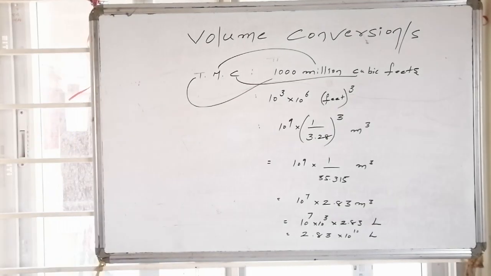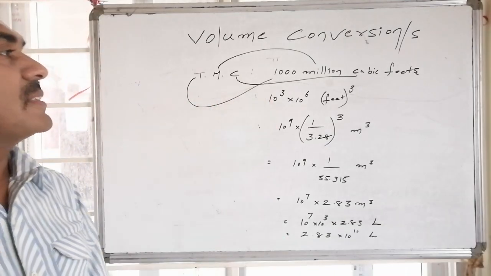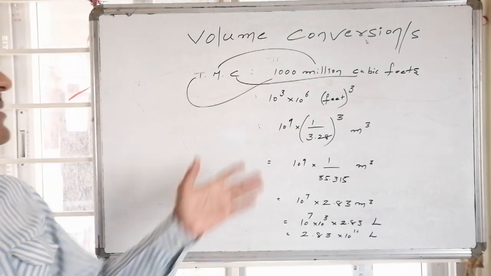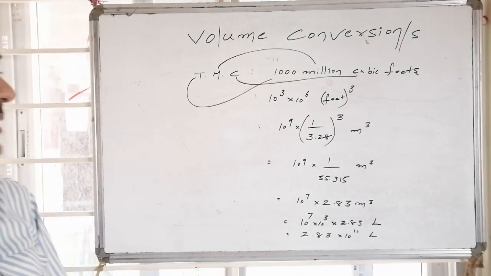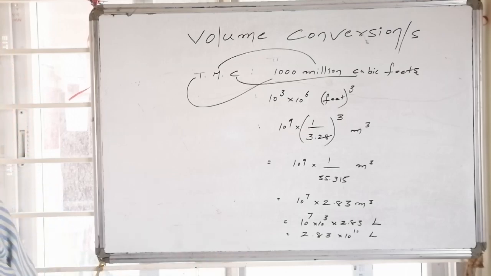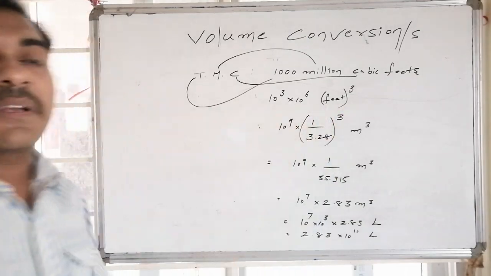In an easy way to understand the TMC in terms of liters, this TMC which will become equal to 1000 million cubic feet, that is 10 power 3 into 10 power 6 feet cubes. But whereas 1 feet, if I express in terms of meters, every 3.28 feet will become equal to 1 meter.